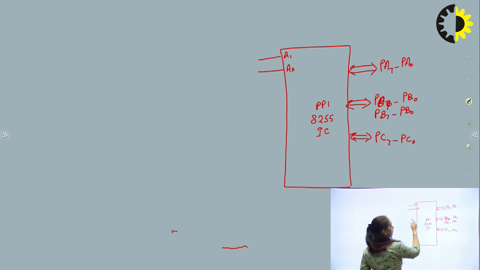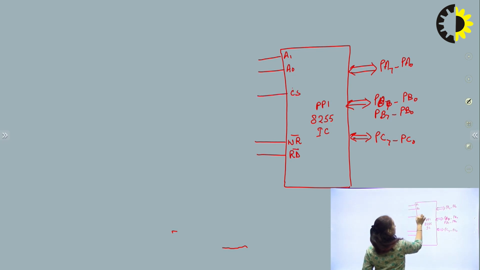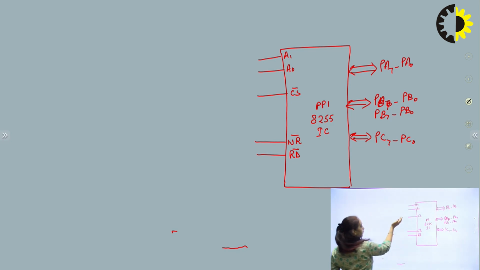Here we have two address lines A1 and A0, and here we have write bar, read bar, CS bar. That's all. Suppose we have to interface this IC with the 8085.